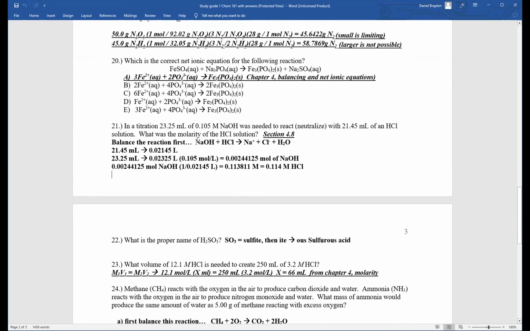This one was 1-to-1 because sodium hydroxide has 1 hydroxide and HCl just has 1 H plus. So the moles of the sodium hydroxide is the same as the moles of the HCl. Then molarity is dividing moles by liters. And the number makes sense, right? It's a little bigger and should be a little more concentrated because we needed a little bit less of it.